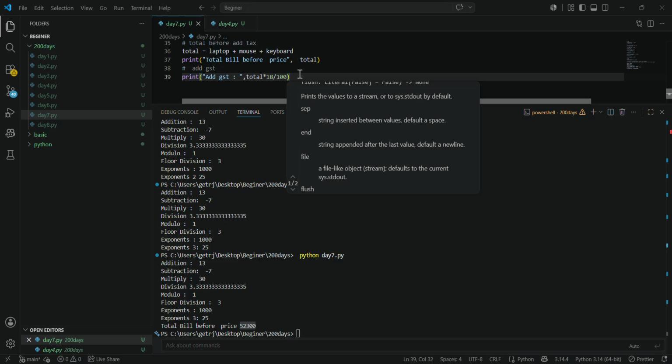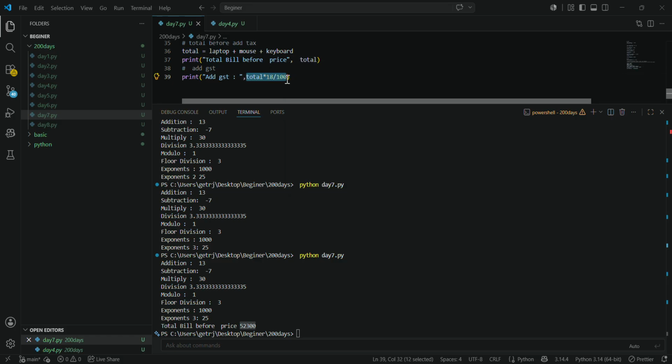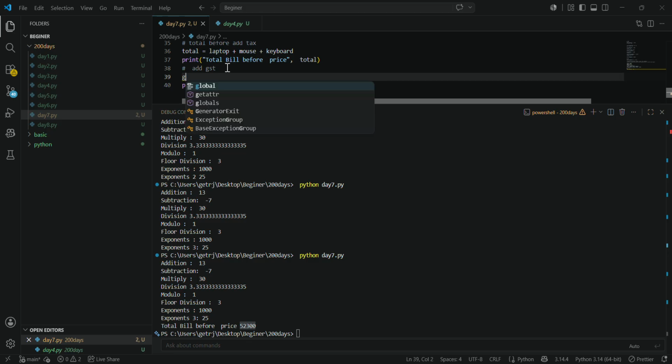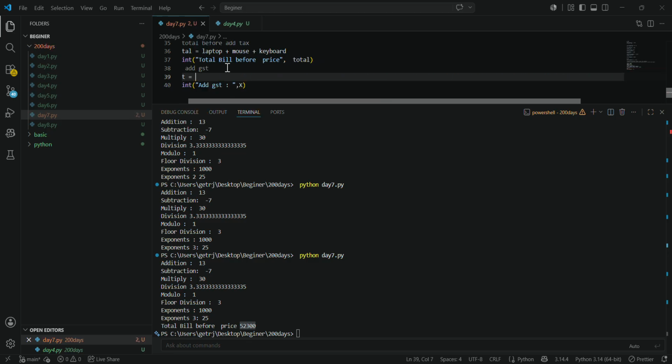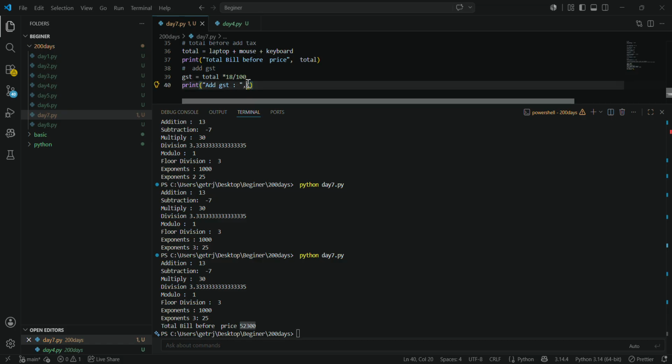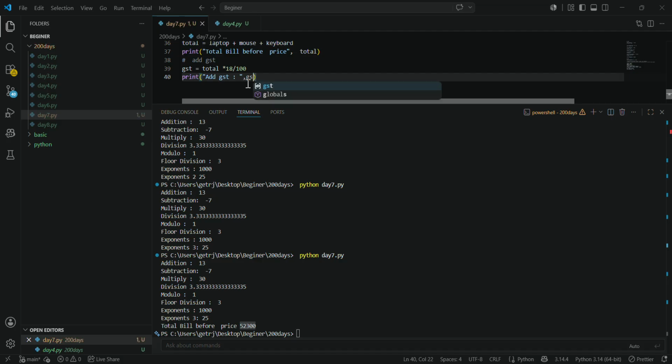Like we are using here GST equal to total into 18 by 100. Now we are using here GST.